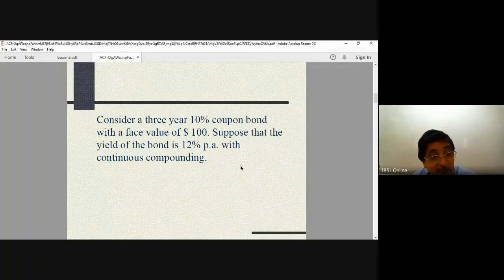If it is paid per second, then it would be 365 into 24 into 60 into 60. Likewise, as the time to compound becomes smaller and smaller, the number of compounding times becomes very much higher.